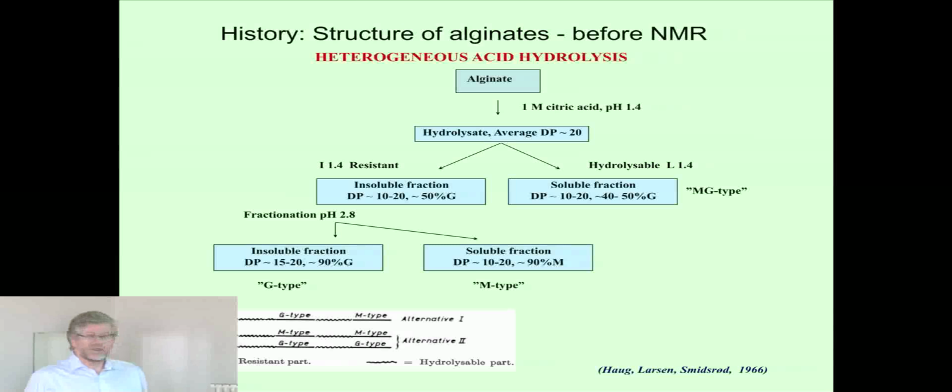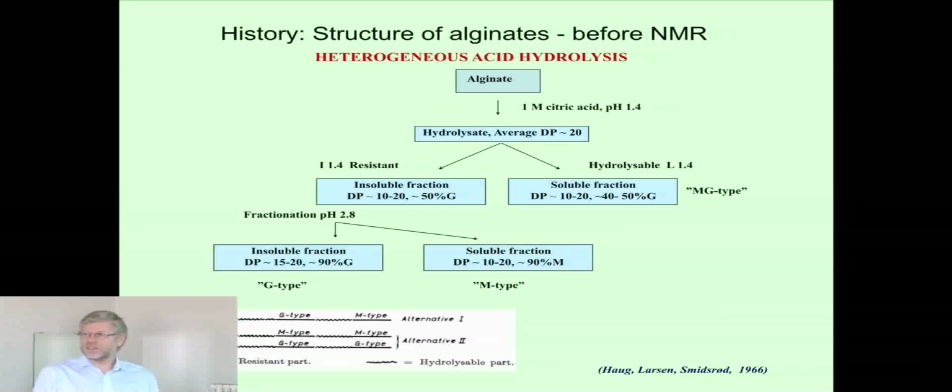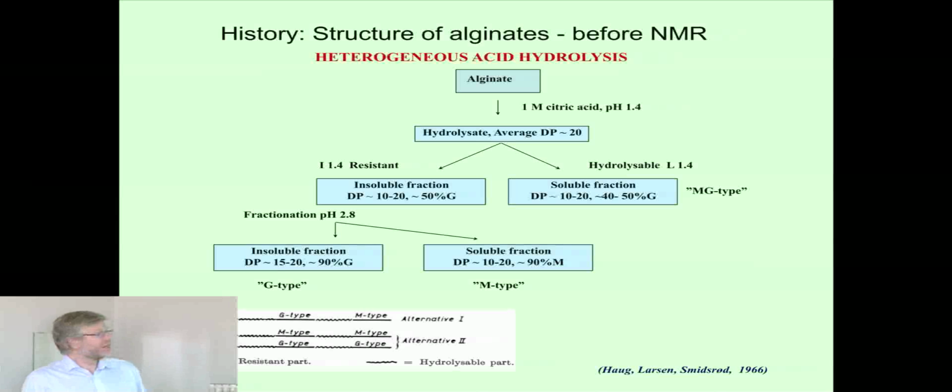At that time, nothing was known about epimerase. Epimerase was discovered later, a couple of years later, in fact. And it was thought that alginate was made by sequential addition of sugars, one after the other. But how was it regulated?